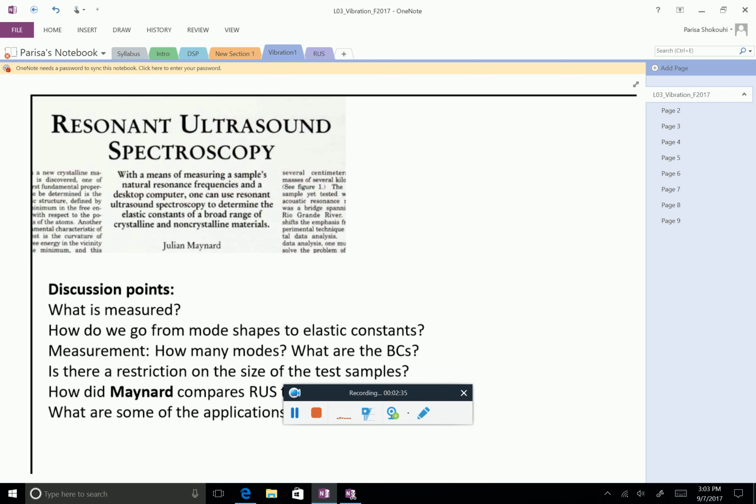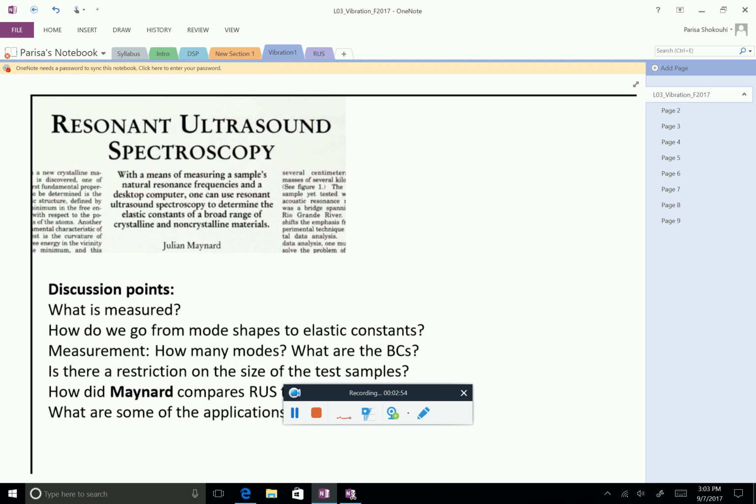One point that I put here: what is being measured? What did you learn? How does this method work? Elastic constants are measured with this. Mm-hmm. So the output at the end is elastic constants, but how do we get there?